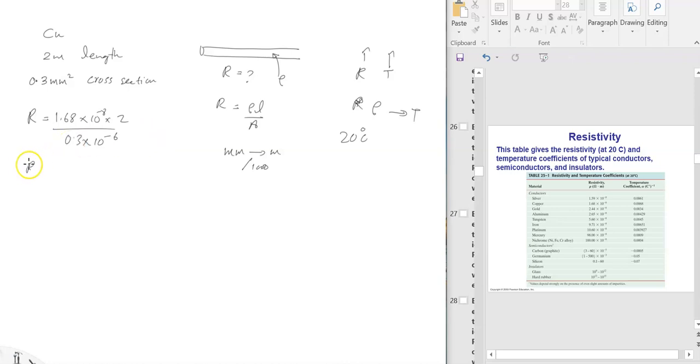So what do we get? Take the calculator and plug in the numbers.